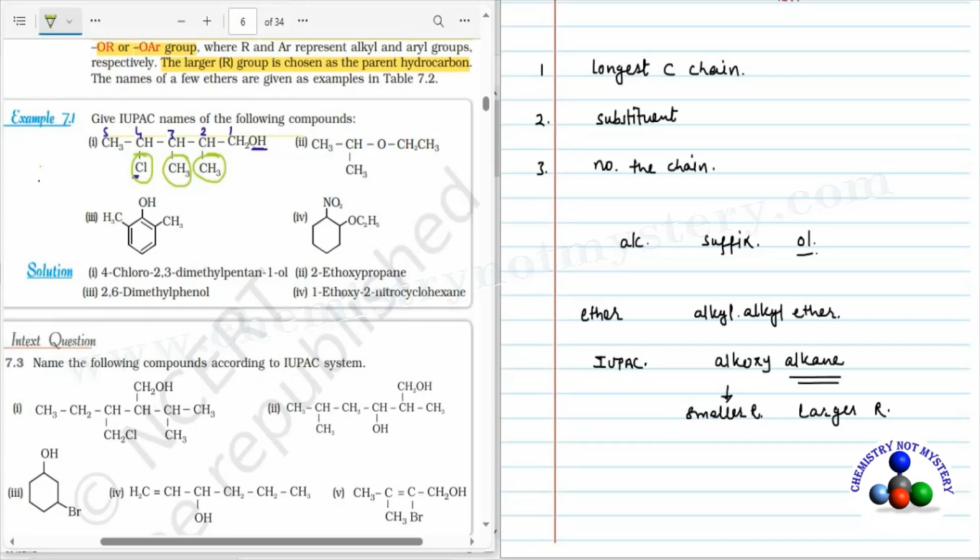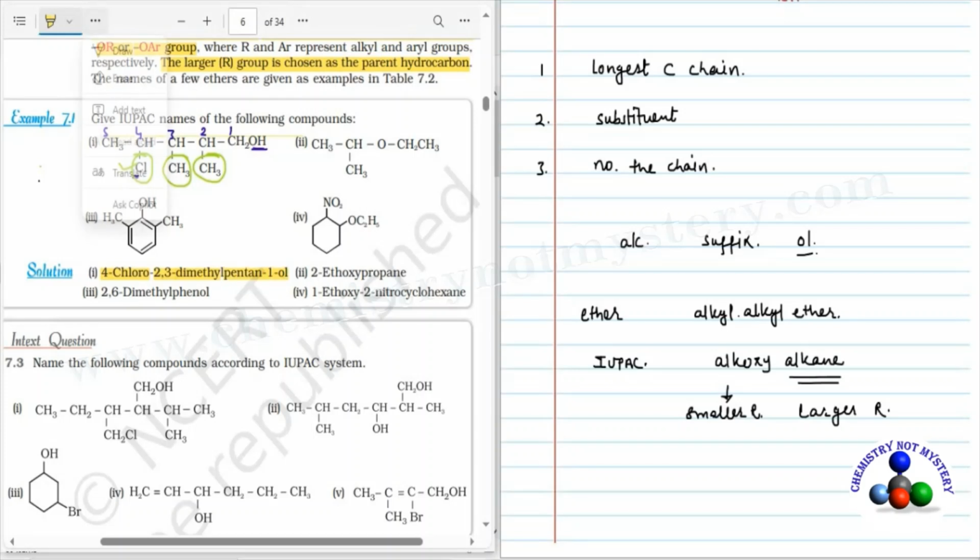So when you name this molecule, you have to name in alphabetic order. So first of all you have to name Cl, then we will write methyl. So when you write the name of this molecule, you will write 4-chloro-2,3-dimethyl pentan-1-ol.